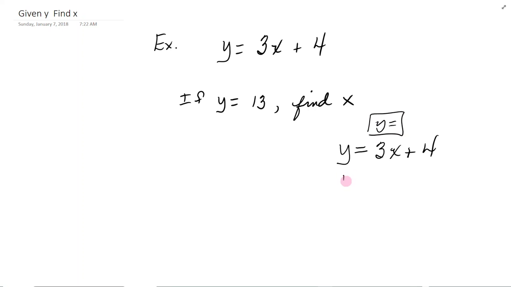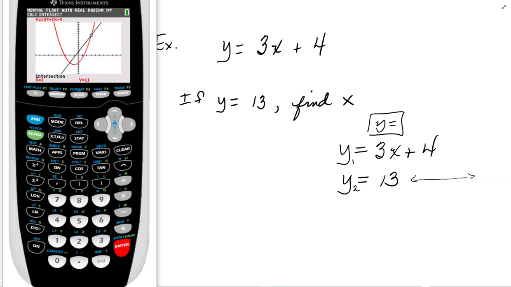You will then put in a second y equals, that would be probably y1, this would be y2, of whatever that constant number is. Now, because it's a constant number, its graph will always be a horizontal line. So, let me show you what this looks like with the grapher.